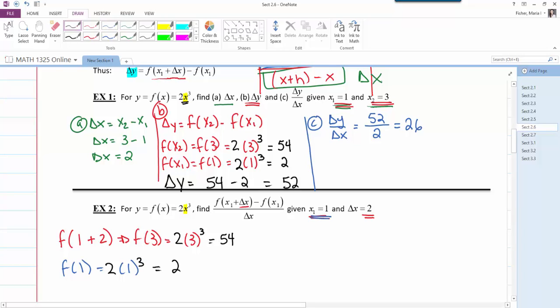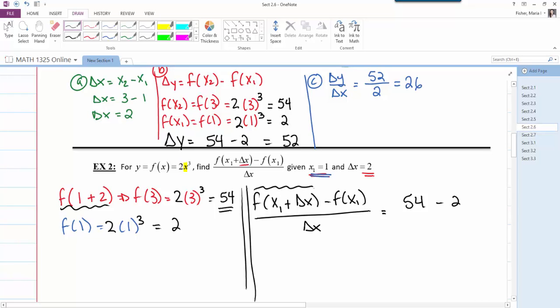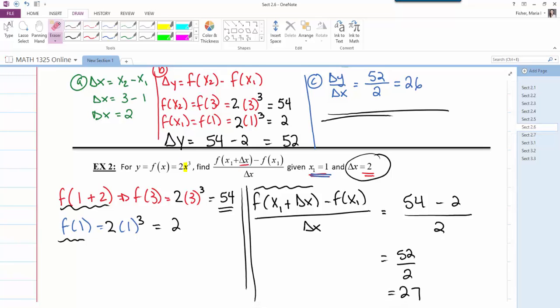So, if I want to find f of x sub 1 plus delta x minus f of x sub 1 all over delta x, well, that would be 54 minus 2, because 54 is my f of x sub 1 plus delta x, and 2 is my f of x sub 1, all over delta x, which is given as 2. So I end up with 52 over 2, which is 26.